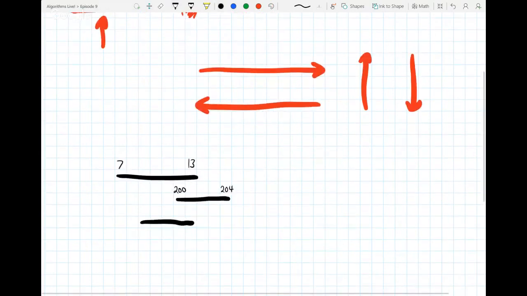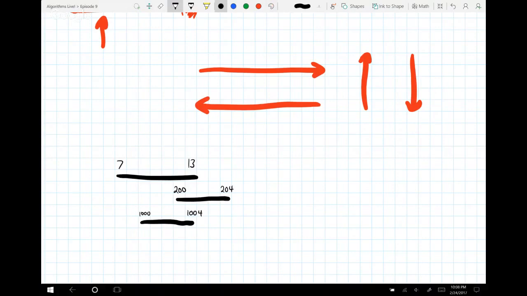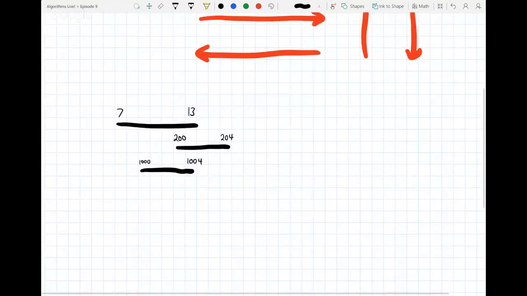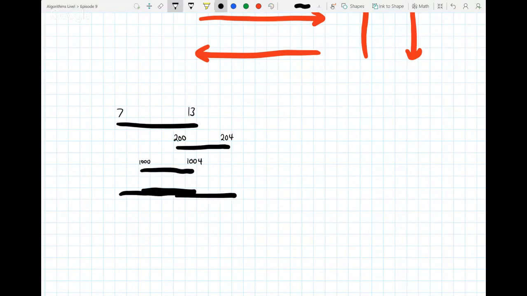Then it might have hit this one from time 1000 to time 1004. What you'll notice is none of these interval times will overlap for going over a position. So conceptually, I'm drawing them at different locations, but they're really all on top of each other. So I'll draw that real quick here. So it's this, this, and this. So I'm actually drawing them all over one location, but I'm breaking it up for clarity.